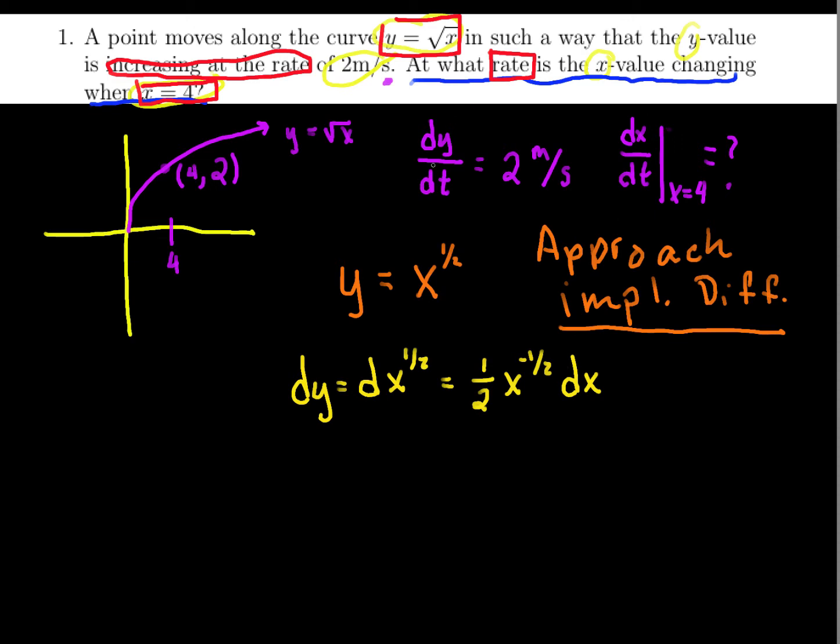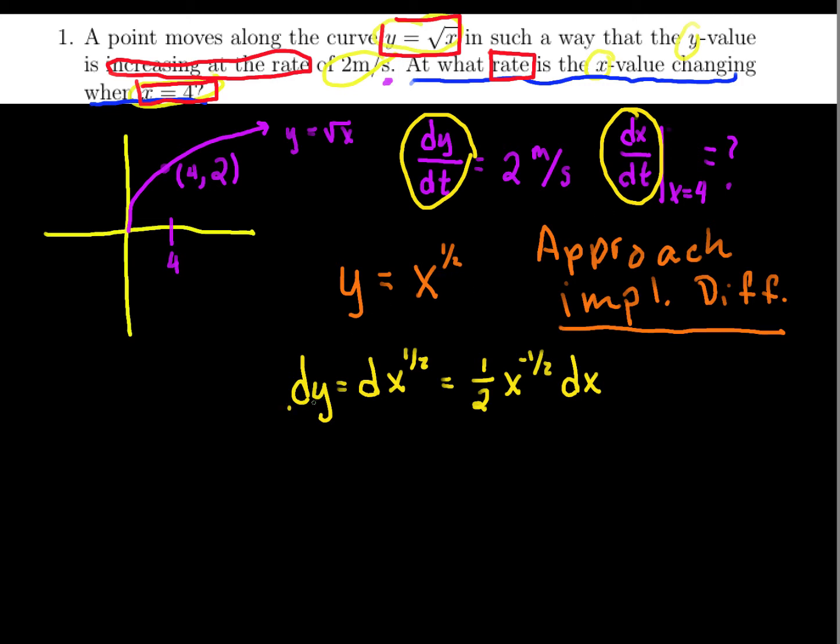But in this problem, we know something about dy/dt, and we want to know something about dx/dt. So it wouldn't make any sense to divide everything by dx. You can do it, but the information we have is about dy/dt, and the information we want to know is about dx/dt. So the sensible thing would be to divide by dt.